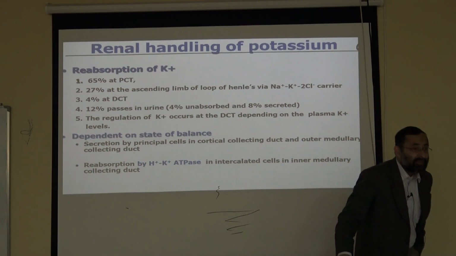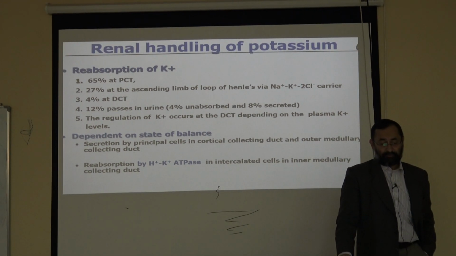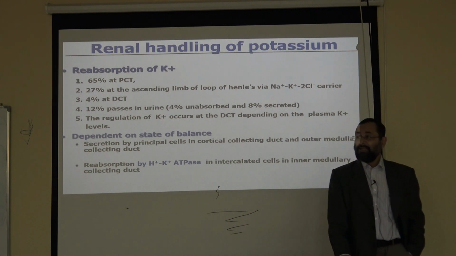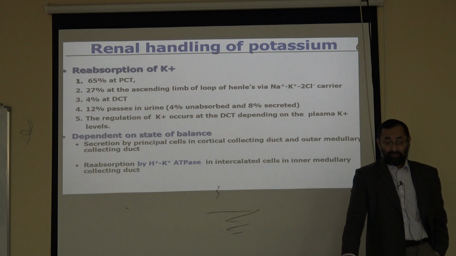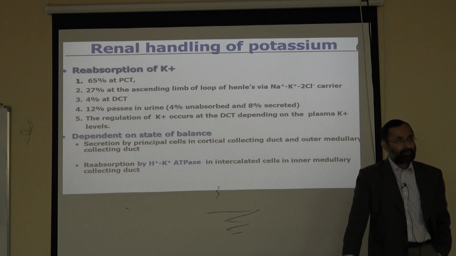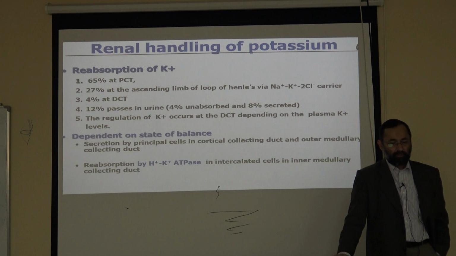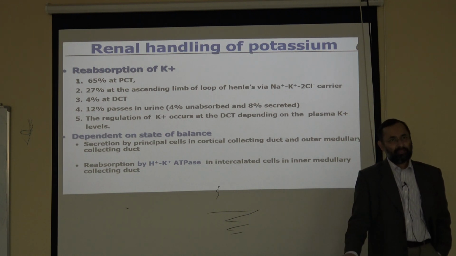Some from distal convoluted tubules also. Okay? Alright. See, 65 plus 27 gives you how much? 92%, I think, right? 92 plus 4% reabsorbed more is giving you 96%. So far till distal tubules, 96% has been reabsorbed.